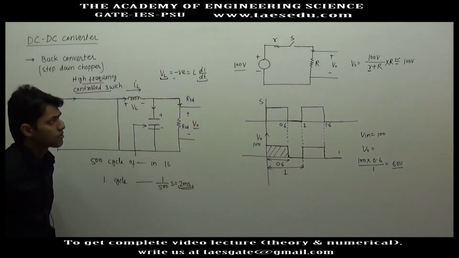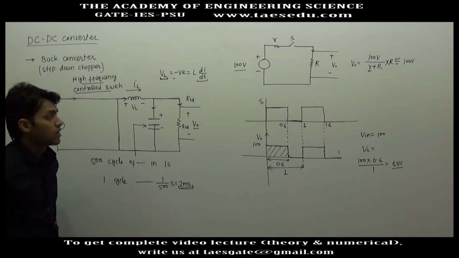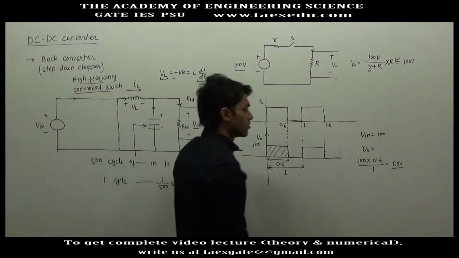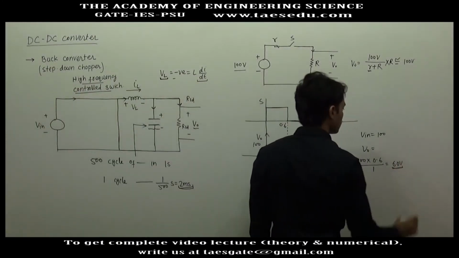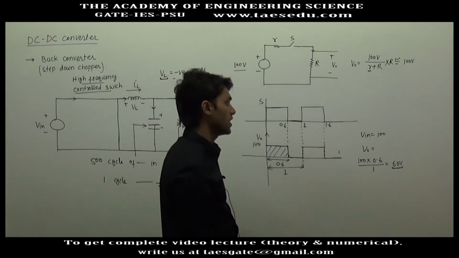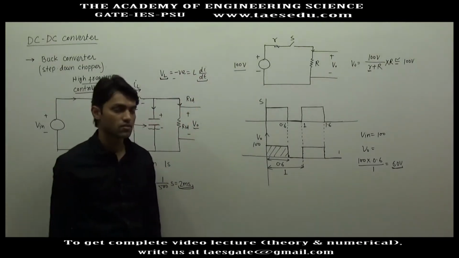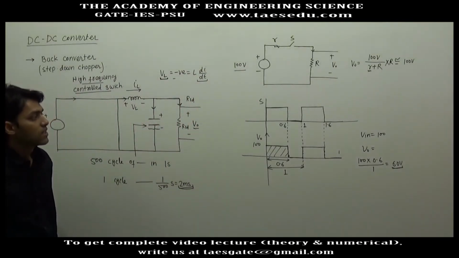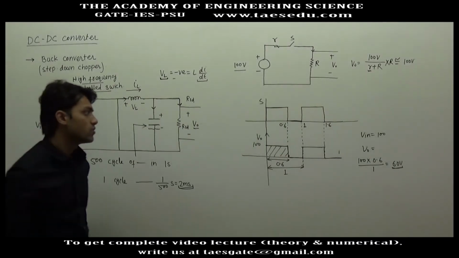So this can also be thought of as a buck converter. The average output voltage is 60 volt, and input voltage is 100 volt, so output is less than input voltage. So this works as a buck converter, but the problem is the output voltage is variable.